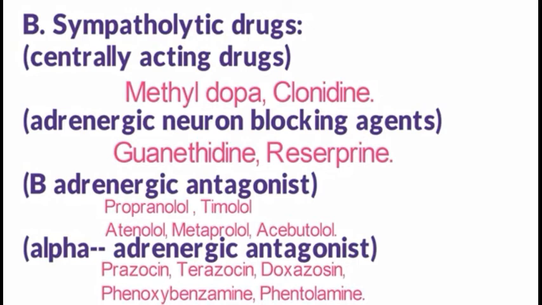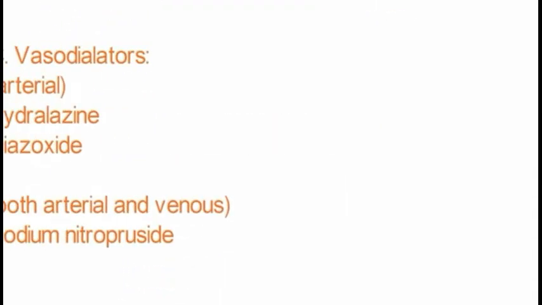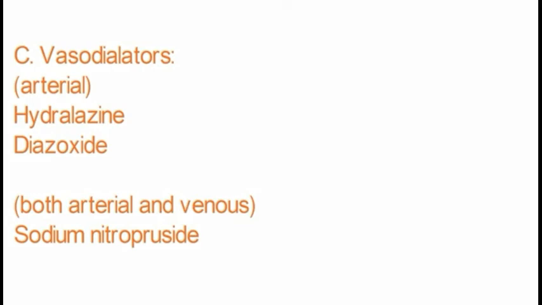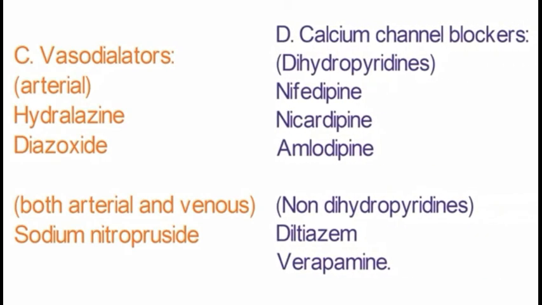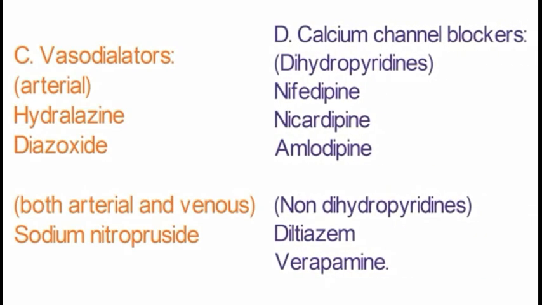So next we see the ACE inhibitors. The ACE inhibitors are captopril, enalapril, fosinopril, lisinopril, quinapril, ramipril and benazepril. All the drugs ending with pril are ACE inhibitors, and persistent cough is a common side effect of these ACE inhibitors. The next one is angiotensin 2 receptor antagonists: losartan, candesartan, irbesartan, olmesartan, valsartan and telmisartan.